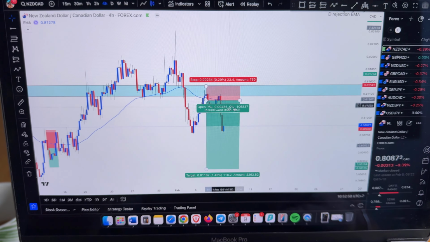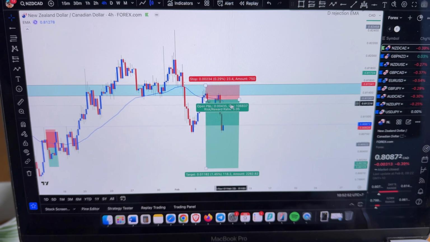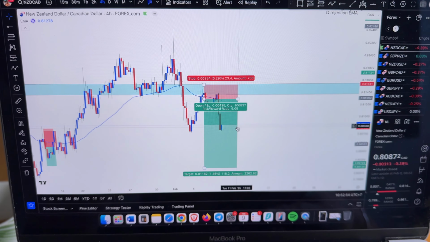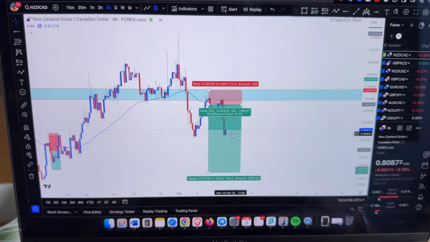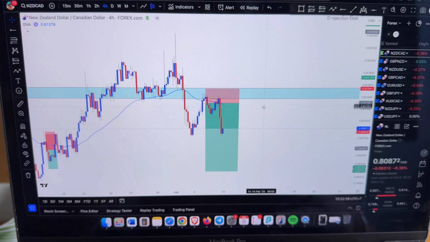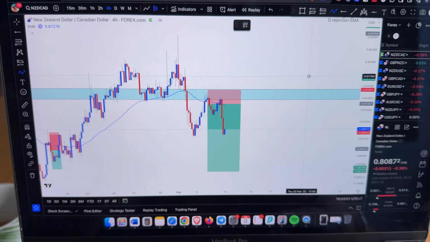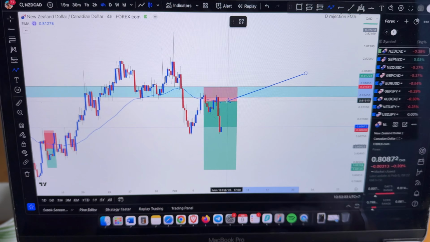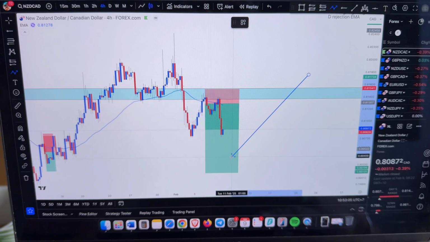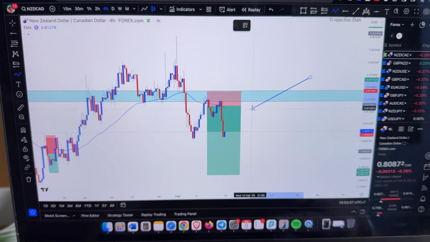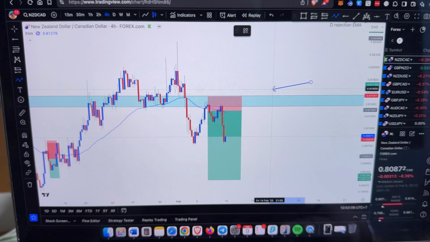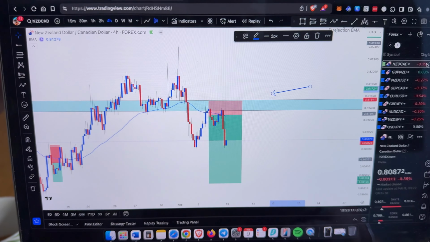So you can see very, very strong engulfing 4-hour candlesticks. So what I think is going to happen, we're going to retest this area again, and then we're going to continue down. So we'll see what's going to happen, but this is a very, very beautiful trade.